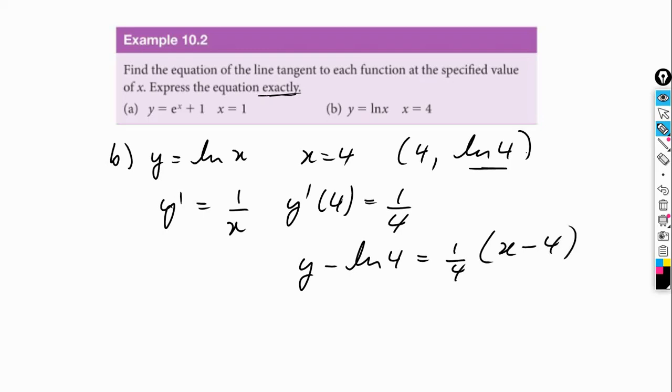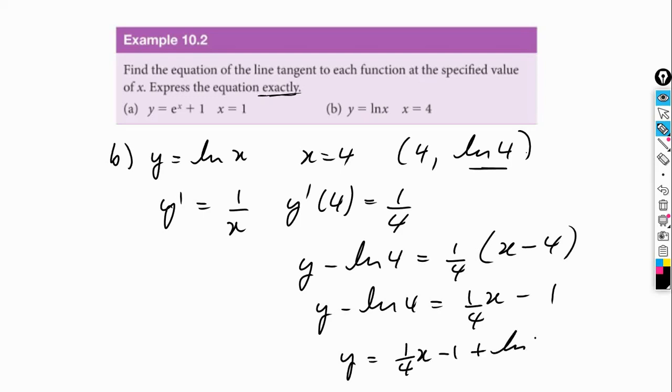And then all we have to do is expand and rearrange. So we're going to get y minus natural logarithm of 4 is equal to 1/4 x minus 1. And then we're practically done because this will just be y is equal to 1/4 x minus 1 plus natural logarithm of 4. And we leave it like that because they want us to express the equation exactly.